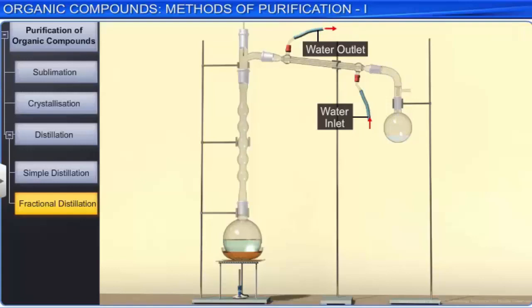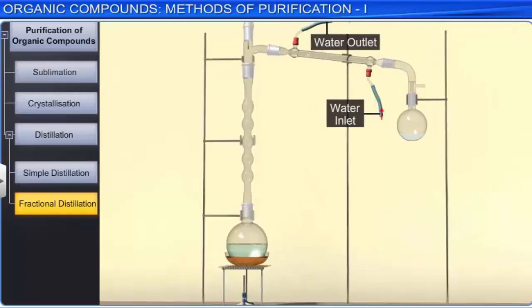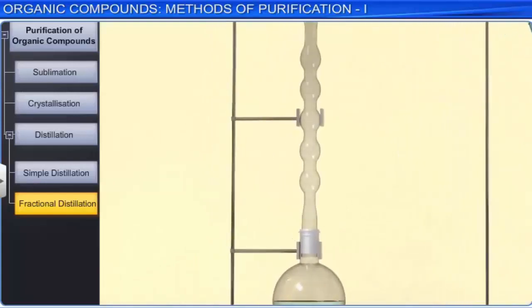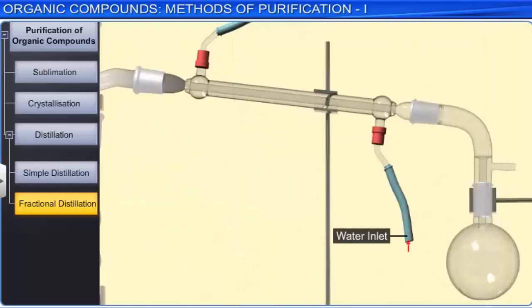As the liquid boils, the more volatile component rises to the top. Some of the condensing liquid obtains heat from the ascending vapors and gets vaporized again, becoming richer in low boiling component. These vapors of low boiling component rise to the top of the column, becoming purer as they reach the top. The pure vapor is passed through the condenser and the liquid is collected in a receiver.